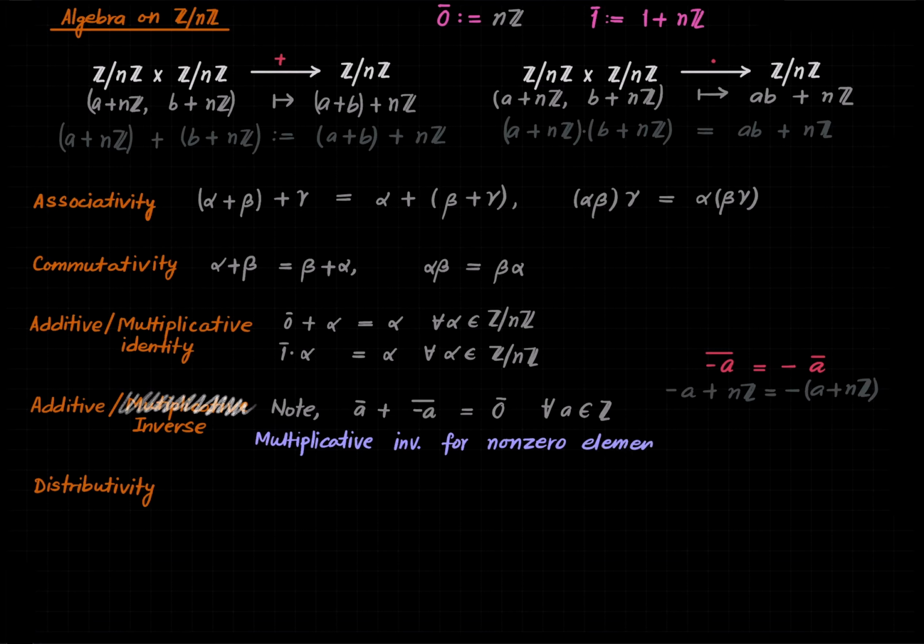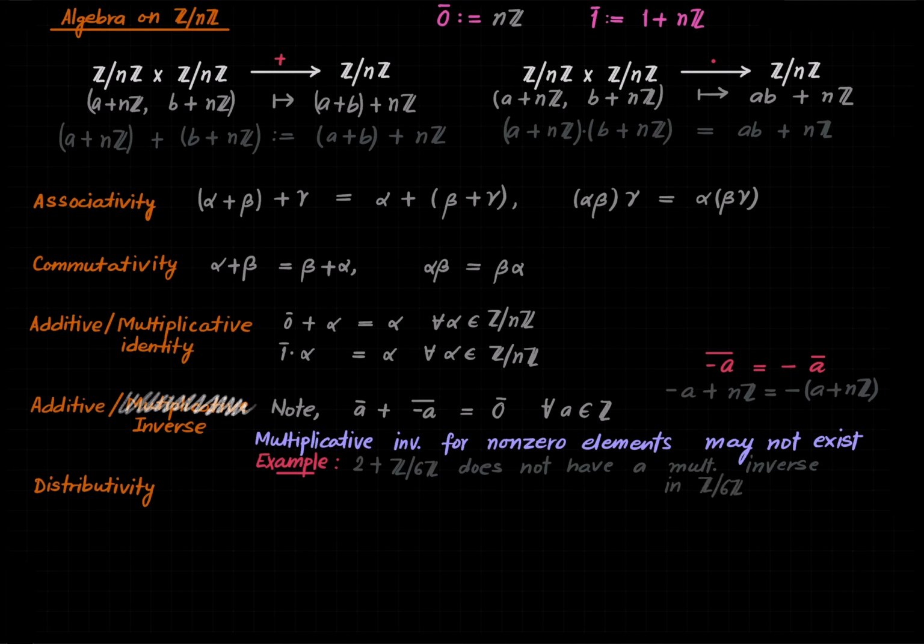To see an example, 2 plus 6Z does not have a multiplicative inverse in Z mod 6Z.